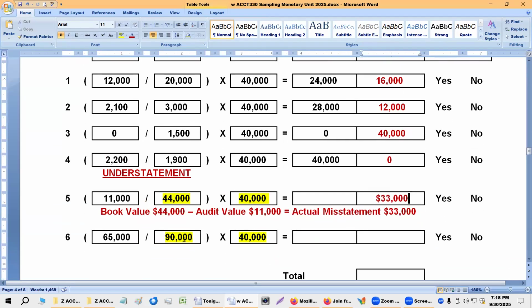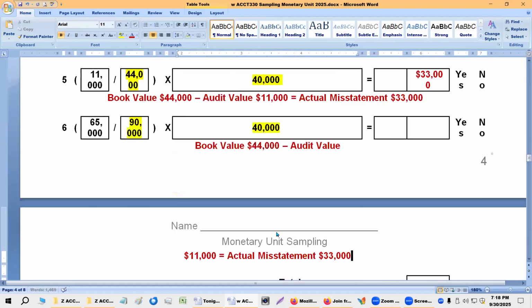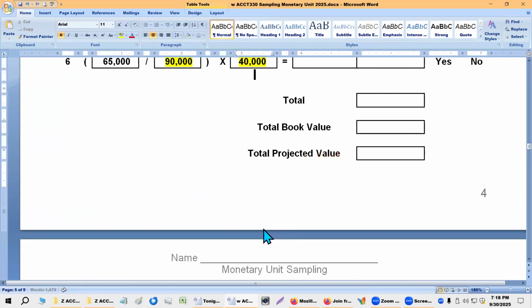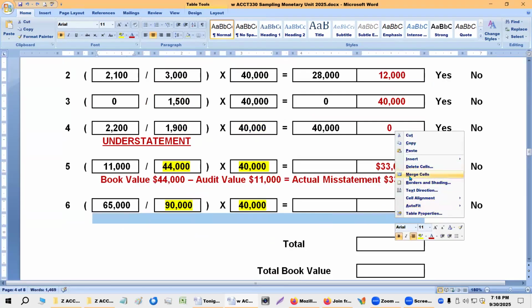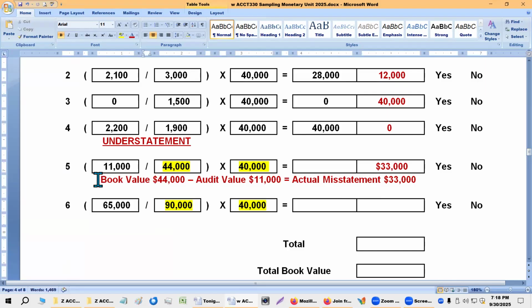And the second one here, this one would go at least 2 intervals, possibly 3, same thing. You take your book value, you get the actual. Gotta merge my cells first.